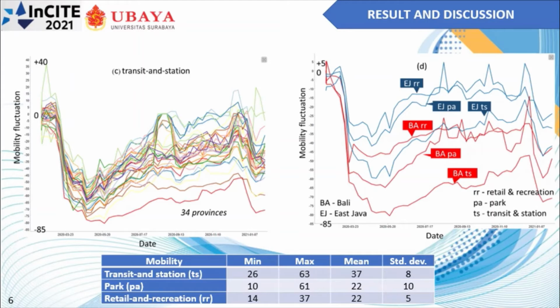This table shows that transit and station has the highest fluctuation and mean value. It implies that during the pandemic, this area category experienced a higher decline in mobility. This result is reasonable as the limitation of public transport operation and movement control policy in general. In Indonesia, last year we have PSBB, and now PPKM.